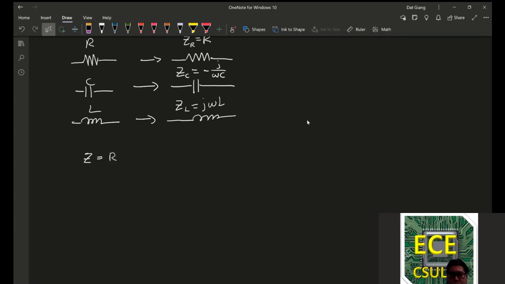like so. R plus j, and technically we can move j to the bottom, but it's going to be j times omega L minus 1 over omega C, like that. And that's the total impedance in the event that it's connected in series.